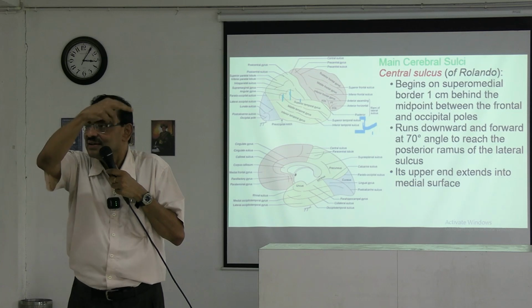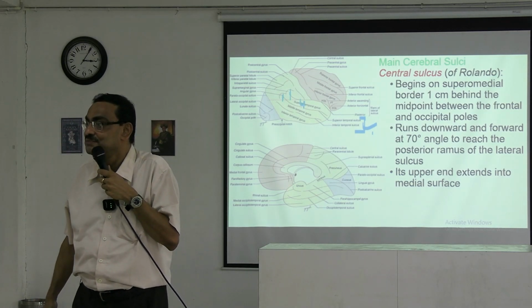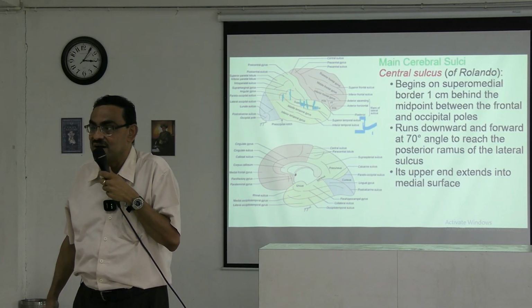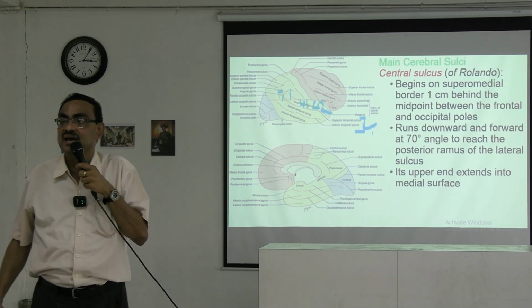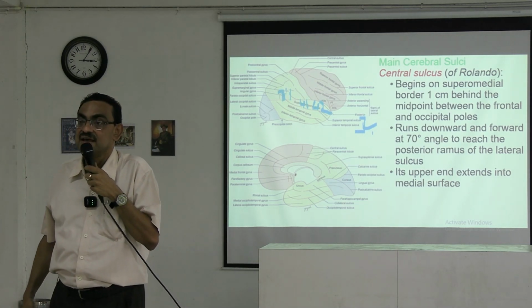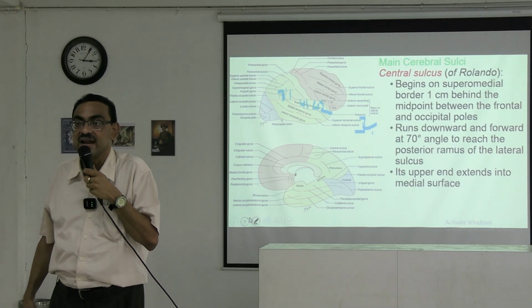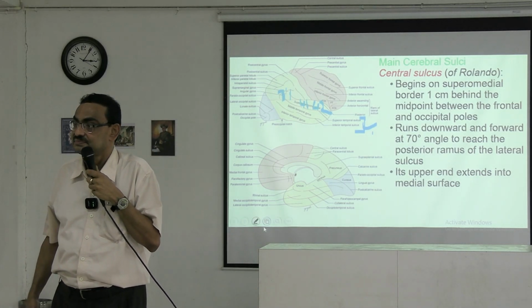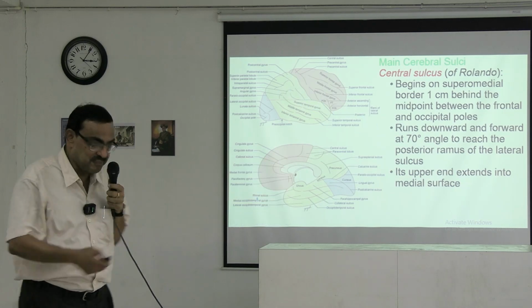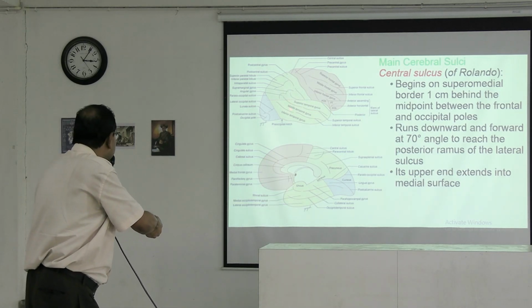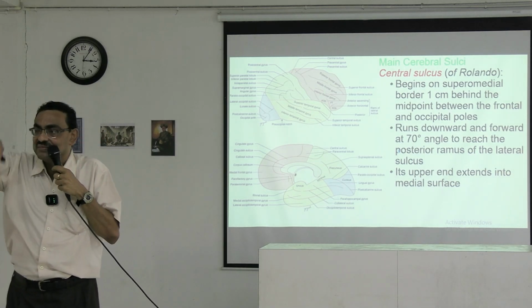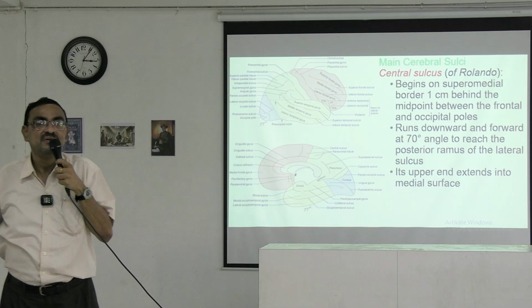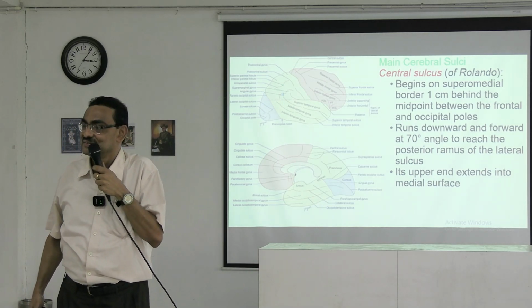From there, it is carried out to area 21, 22 and 39 and 40. They are called Wernicke's area or secondary auditory area. From there, ultimately, it is connected with the inferior frontal gyrus through a gyrus which is called Heschl's gyrus.